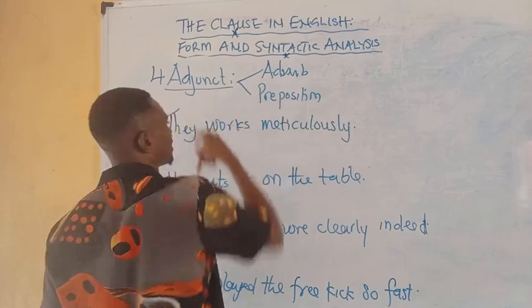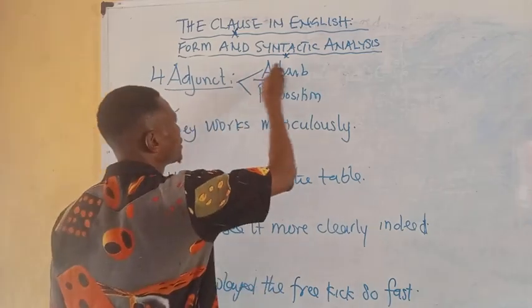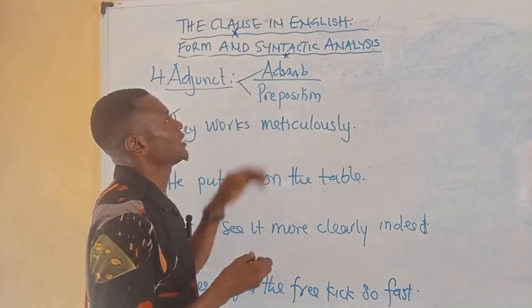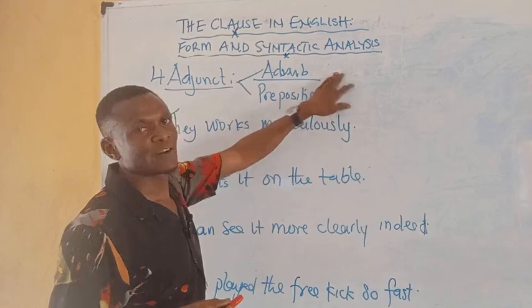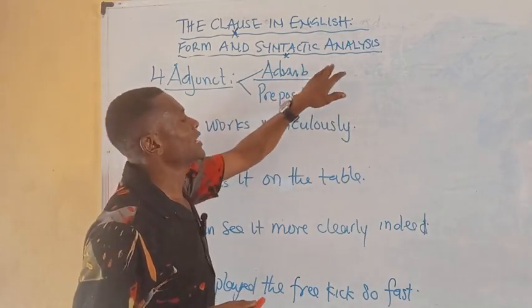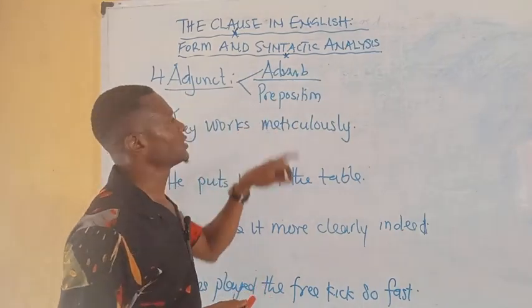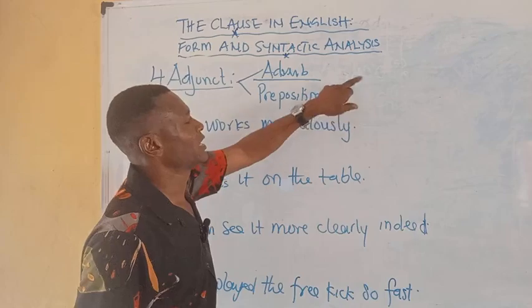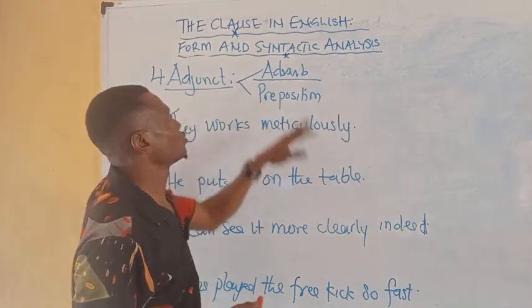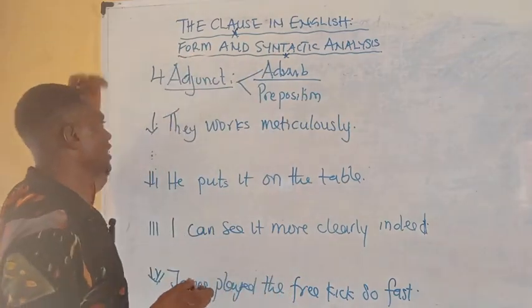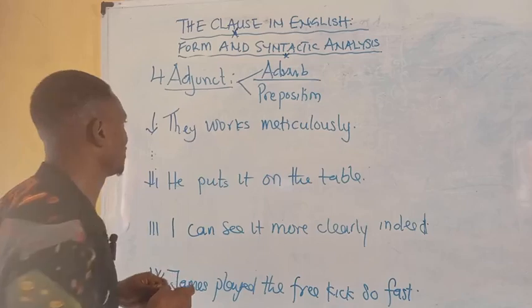That's what we refer to as an adjunct. If it is adverb, it is referred to as adverb-headed adverbial group. If it is preposition, it will be prepositional-headed adverbial group. So bringing them together, we refer to it as what? Adjunct.